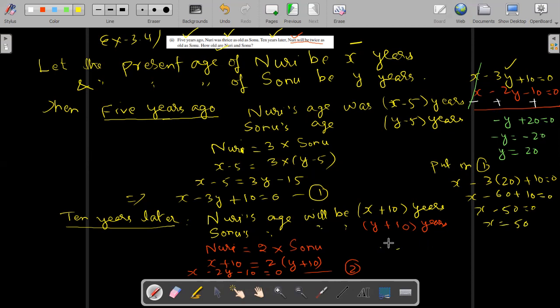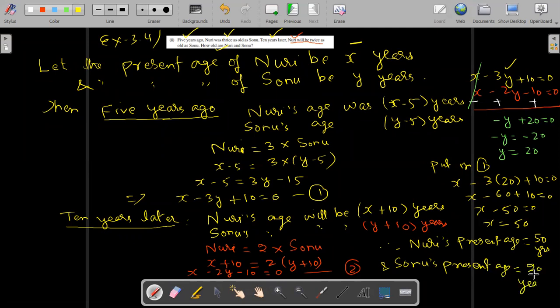Therefore, Nuri's present age is equal to x, that means 50 years, and Sonu's present age is 20 years.